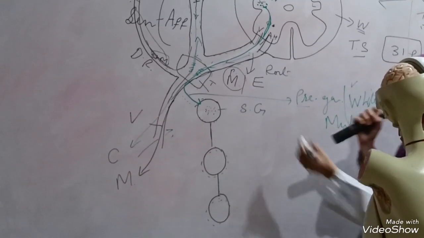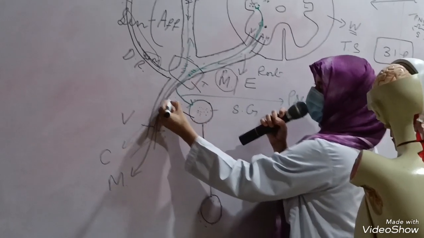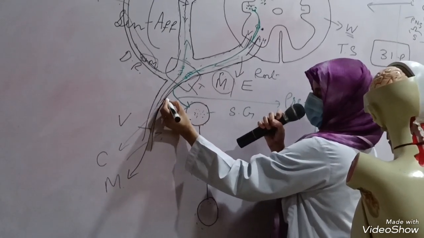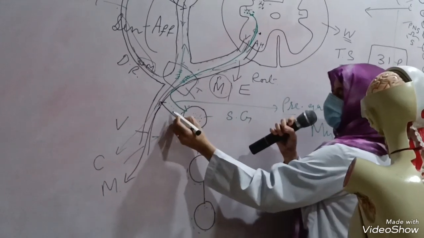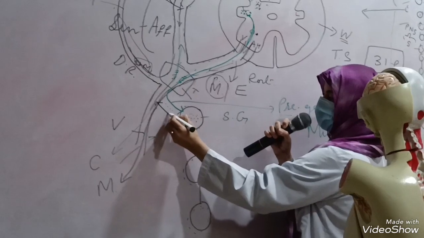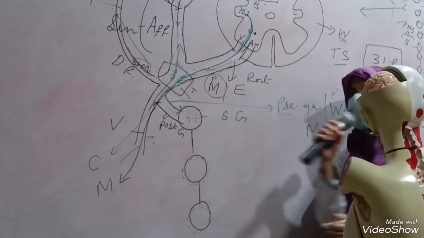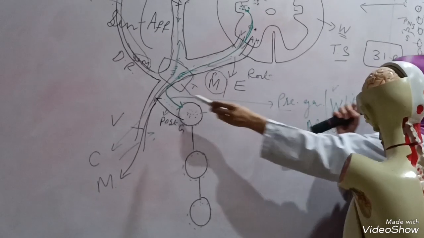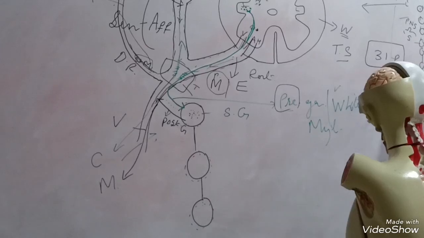Is it clear? From here, the fibers may get back towards the spinal nerve, its ventral root. And now, what type of fibers are they called? Post-ganglionic. You understand the term? The fibers that are coming to the ganglion, you call it pre, right?